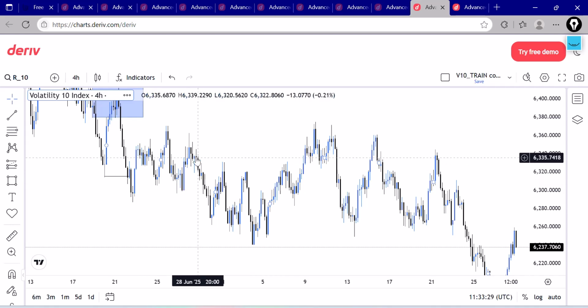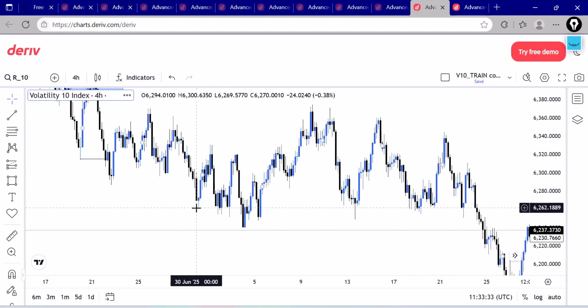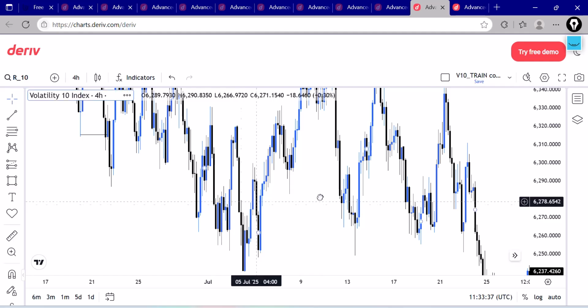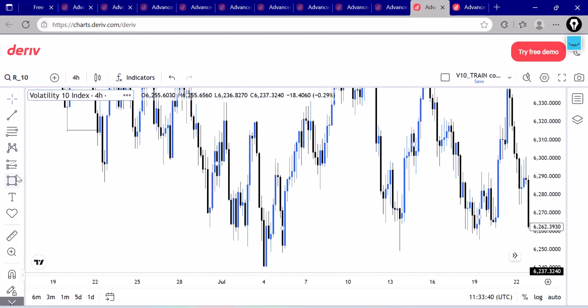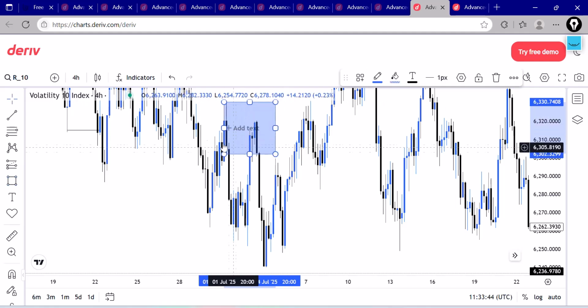So let's look at another supply zone. Okay, this is also another supply zone.